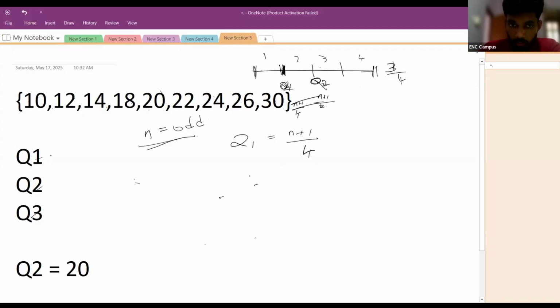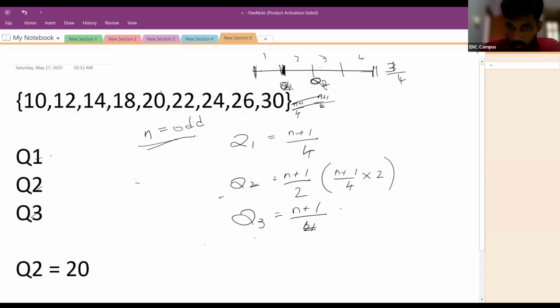N plus 1 divided by 4. Q2 is n plus 1 divided by 2, or rather, we can say n plus 1 divided by 4, 2 times. Q3 means n plus 1 divided by 4, 3 times.